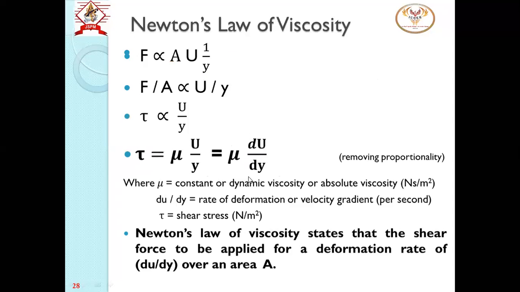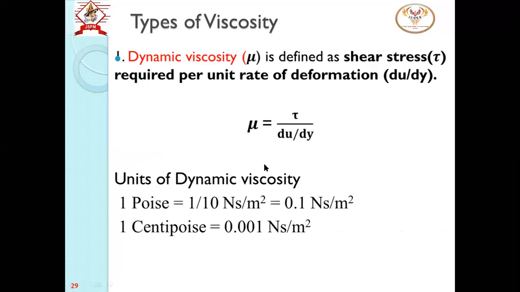So from the previous equation, mu is nothing but shear stress upon du by dy. The numerator is shear stress, divided by the rate of deformation du upon dy. So shear stress per unit rate of deformation is called dynamic viscosity.